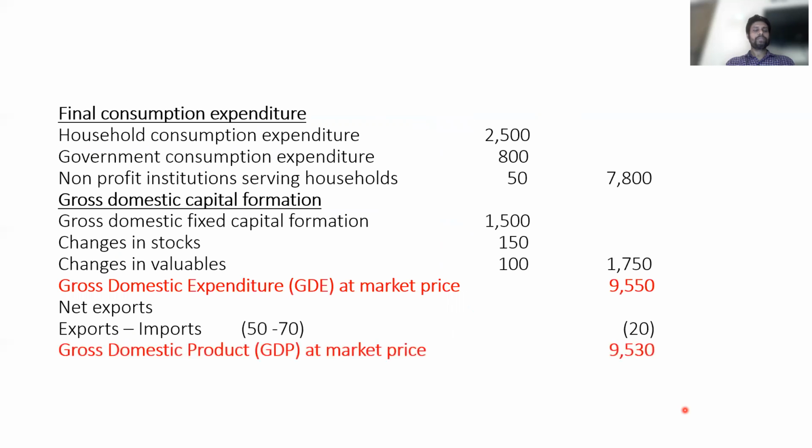So here is the format for calculating a country's GDP under the expenditure method: household consumption expenditure, government consumption expenditure, non-profit institutions serving households, altogether total consumption. Gross domestic capital formation: gross domestic fixed capital formation, investments, changes in stocks, changes in valuables, altogether 1,750.